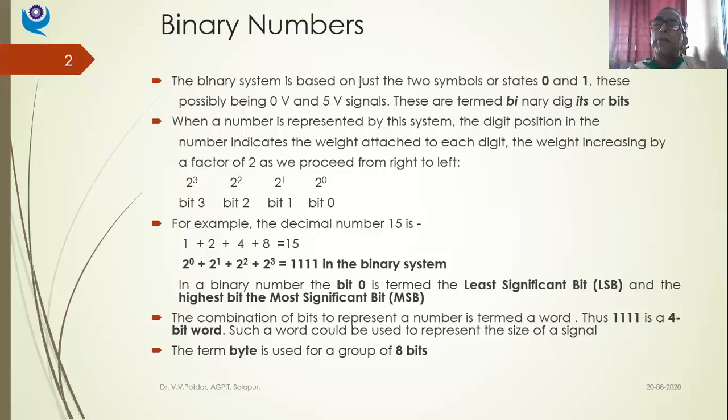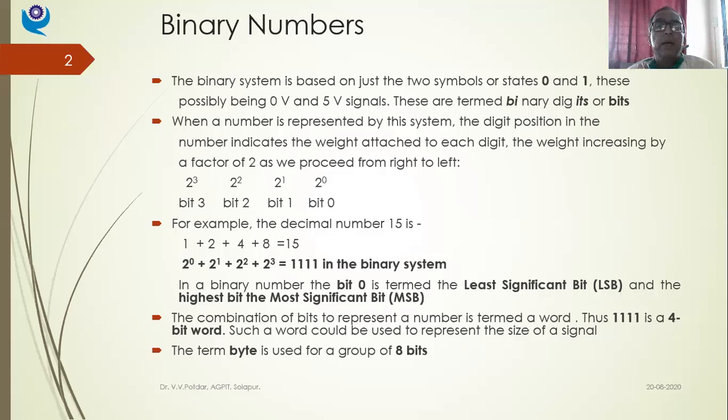Decimal number had a weighted value in the form of powers of 10. In binary numbers, the digit has the weighted value in the form of powers of 2. So this is binary number representation. When a number is represented by this binary system, the digit position in the number indicates the weight attached.